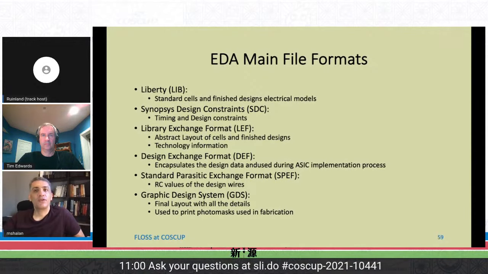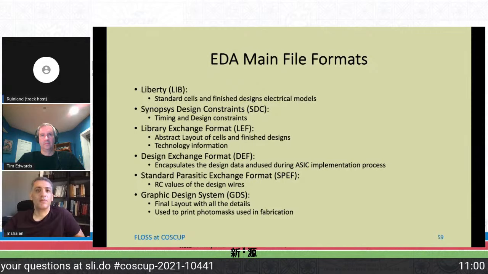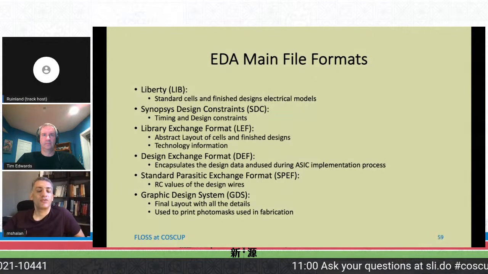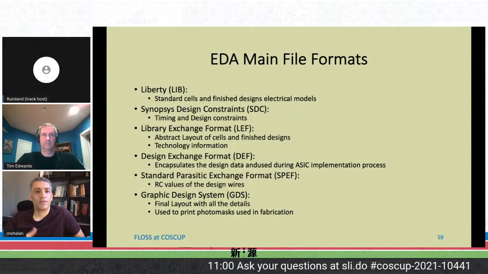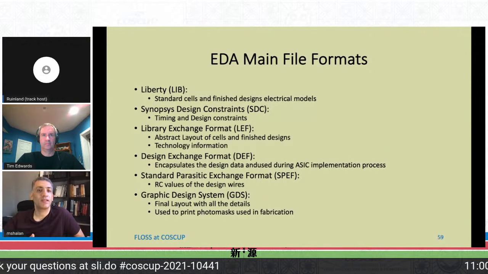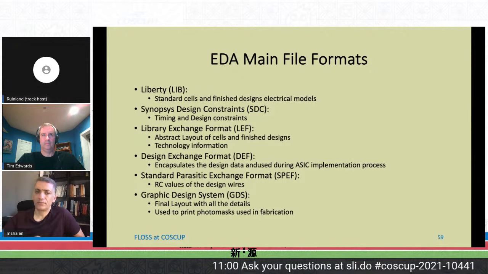This DEF file can be used to generate the final layout when we are done, by replacing the abstract representation of the cells inside the file by their equivalent GDS, which stands for graphic design system format, that encapsulates all the layout details of the cells.